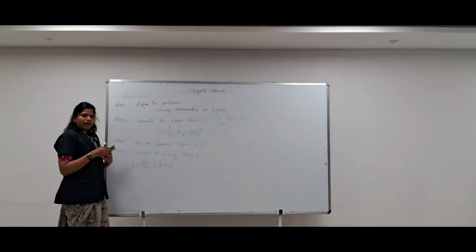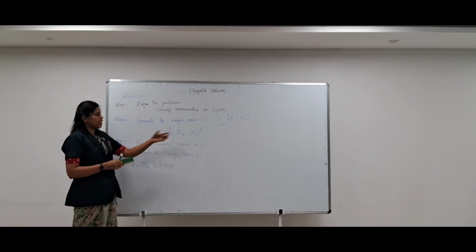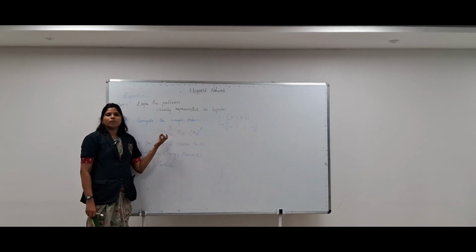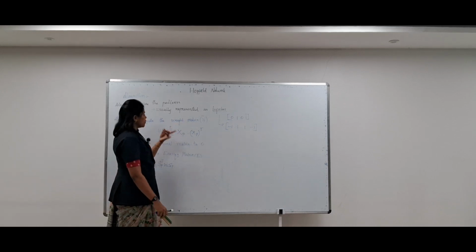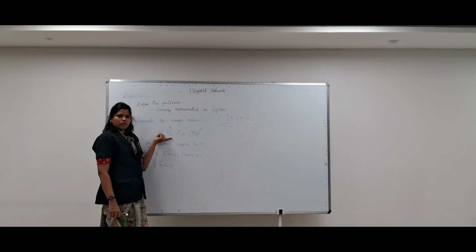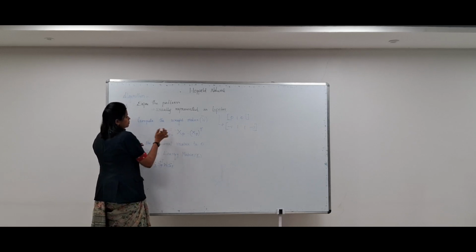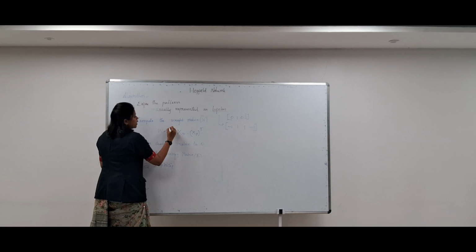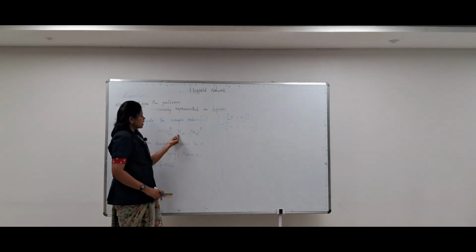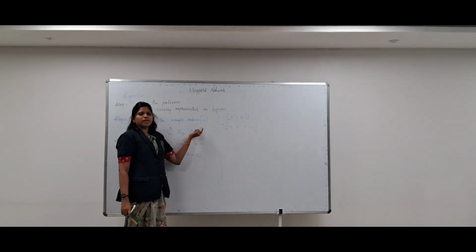Next, after defining the pattern, we compute the weight matrix, and this is the formula: sigma p equal to 1 to n, Xp into Xp transpose.